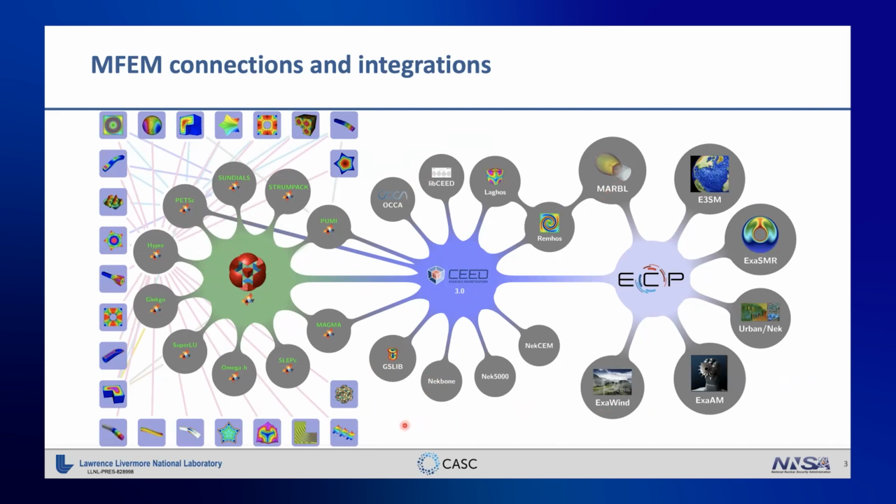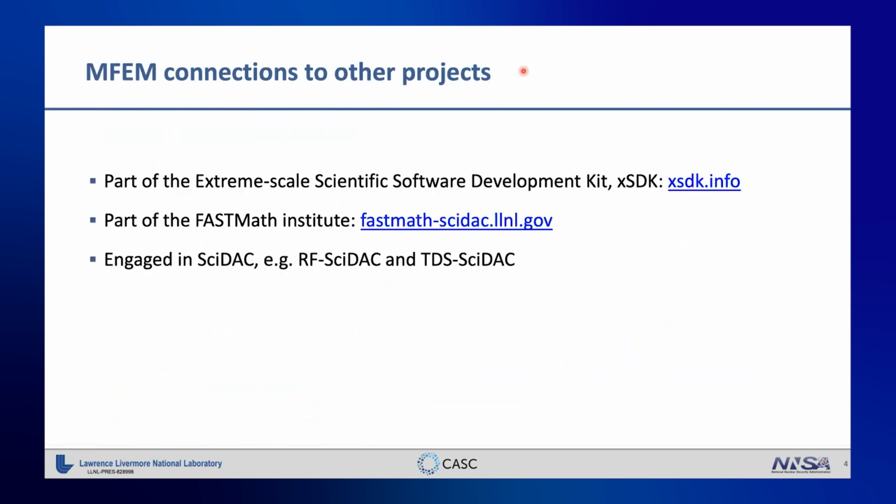So a large ecosystem of software, and we are trying to be connected to a lot of software to provide the power of all these software developed by so many people in the world, really.